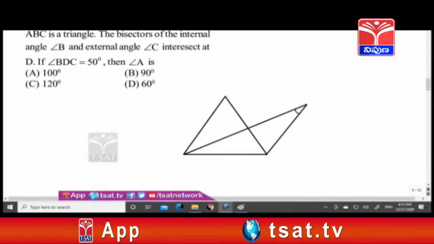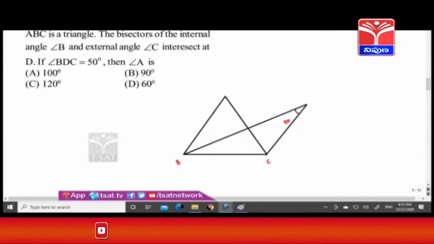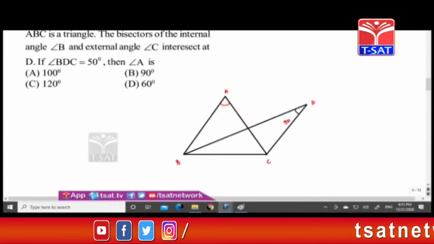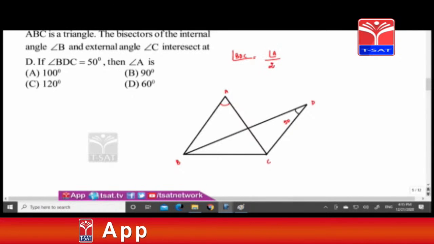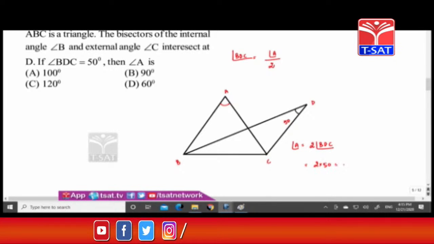If this angle BDC is given as 50, one internal and one external, then what is A? We know angle BDC is equal to angle A by 2. Therefore, angle A is equal to 2 times angle BDC, which is 2 times 50, 100 degrees.